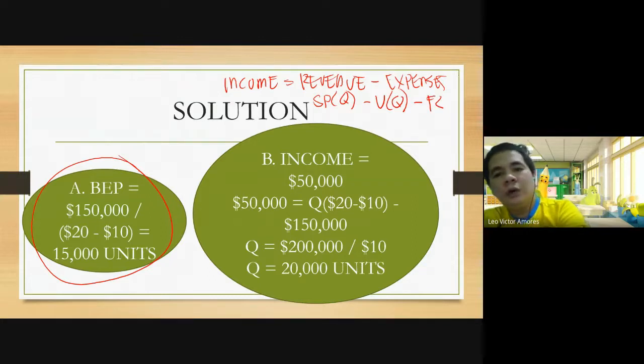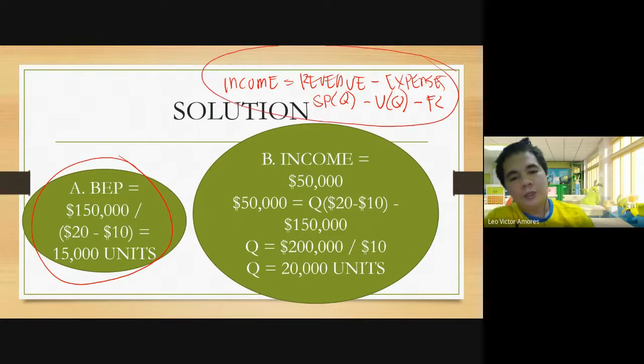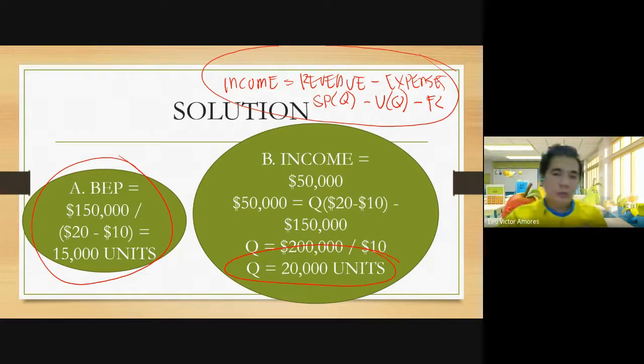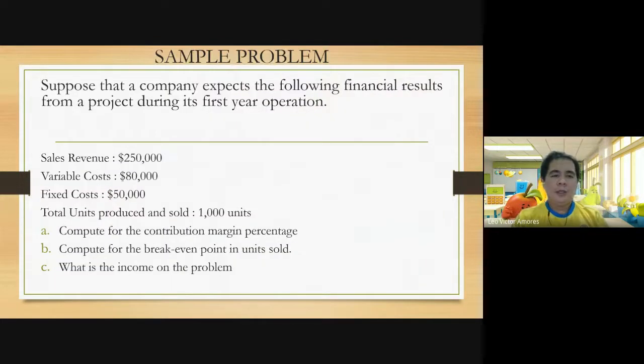So, this is your income formula. The answer is 20,000 units. Or if you're given the total income, you'll have to substitute only. This is actually the easiest topic.